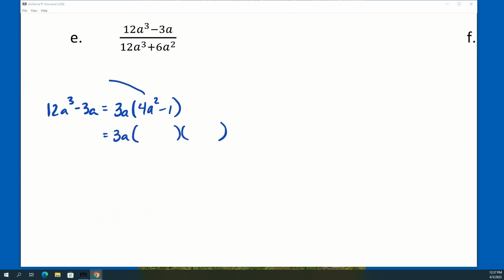And then that will factor again. So we'll find each square root and put one with a plus and put one with a minus.